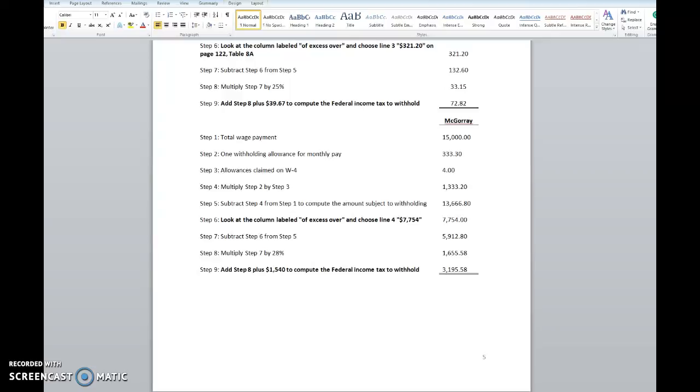On page 121, you're going to look at table 4A for him because he's single. And in the problem, they also tell us that he's single and has 4 exemptions.